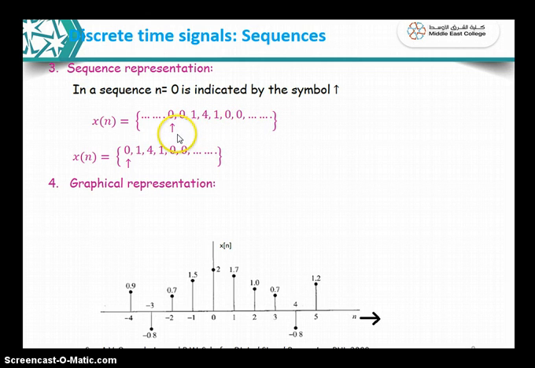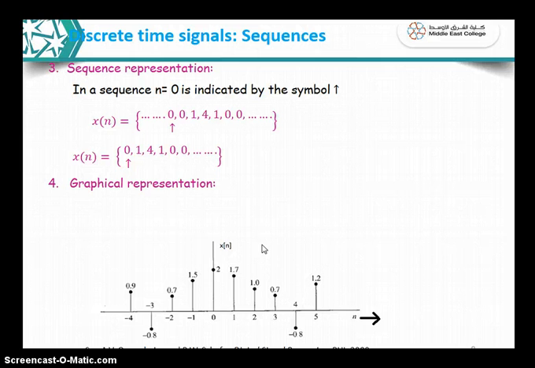The values on the left hand side of the arrow mark are for negative values of n, so n is equal to -1, -2 and so on. This is the sequence representation. The same thing, if I represent it by a graph, taking n on the x-axis and x of n on the y-axis, then that type of representation we call graphical representation.